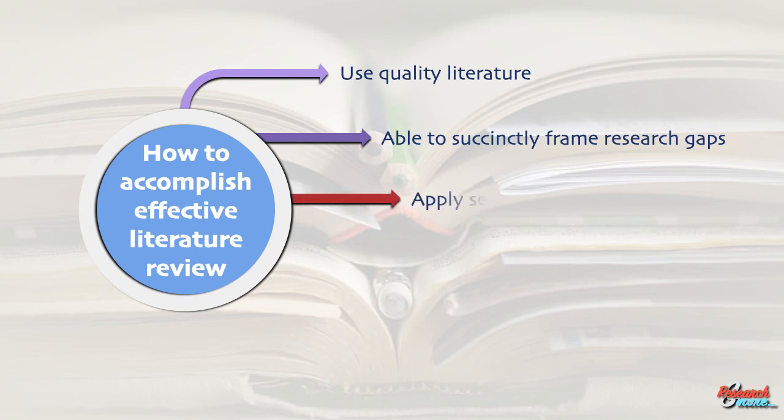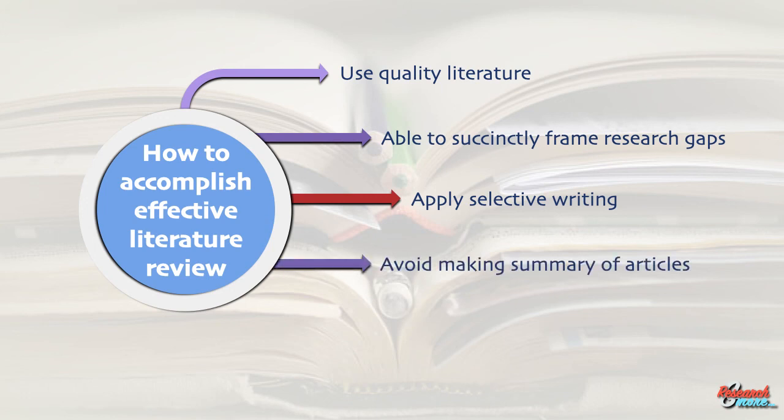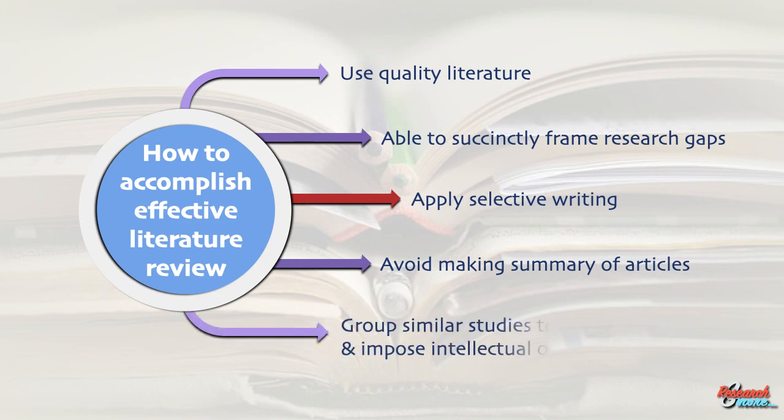Apply selective writing by presenting only studies that are directly relevant to our proposed research. Avoid summarizing each of the articles we have read. By grouping similar studies together, we can create a theme for each category of discussions and impose some intellectual order to our writing.